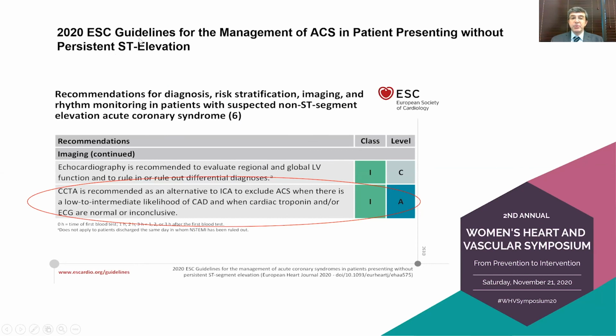And in 2020, the ESC Guideline for management of patients presenting with acute coronary syndrome recommended CCTA as class 1A for evaluation of these patients. So we see that CTA is now getting more and more attention because of all the good information that we can get from it.